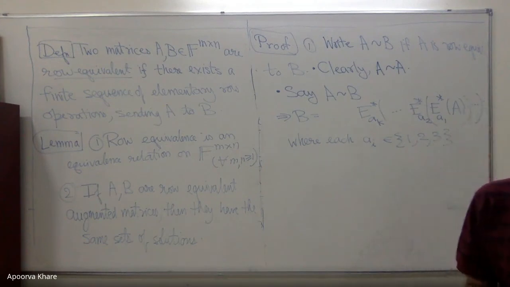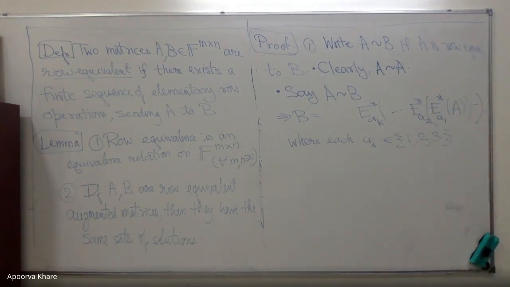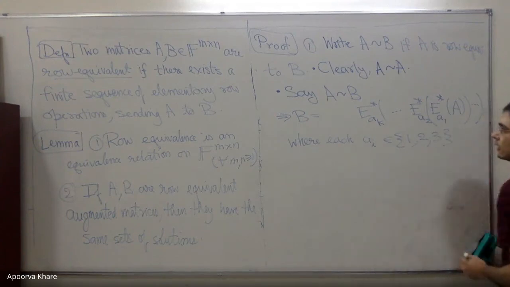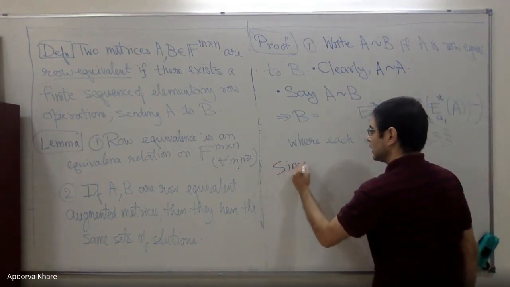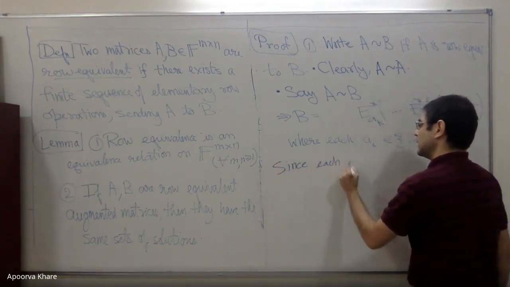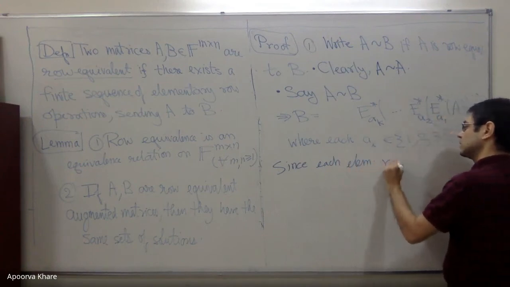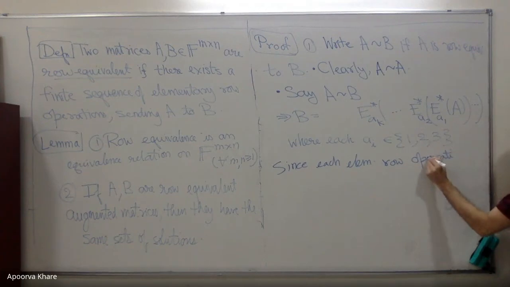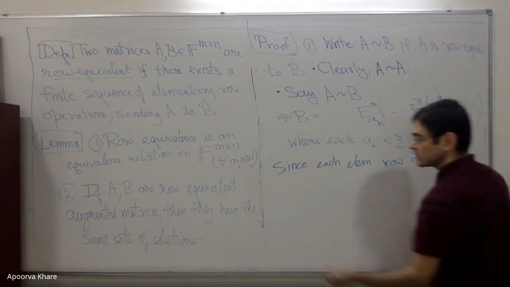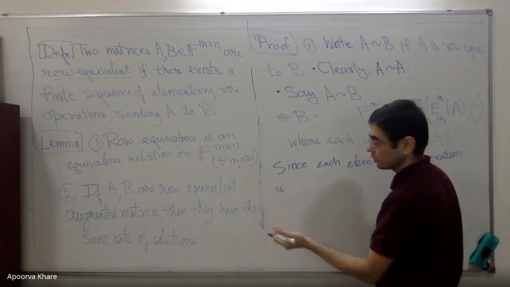What does that mean? It means that these things are elementary row operations of the first kind, second kind, or third. Okay? But now the point is each of these row operations is reversible, and the reverse is also an elementary row operation.